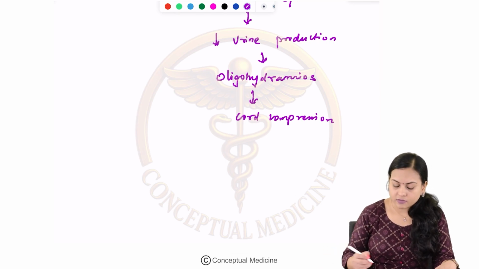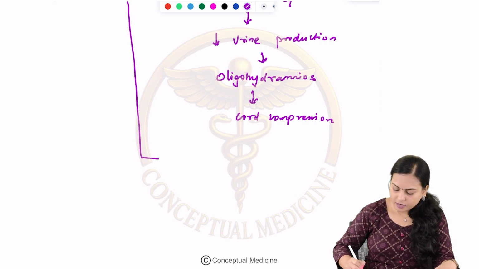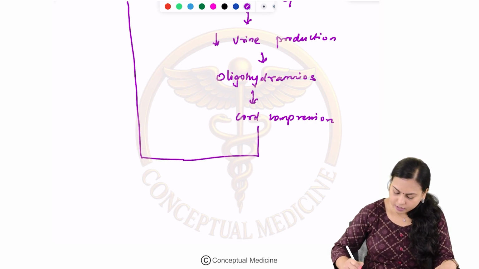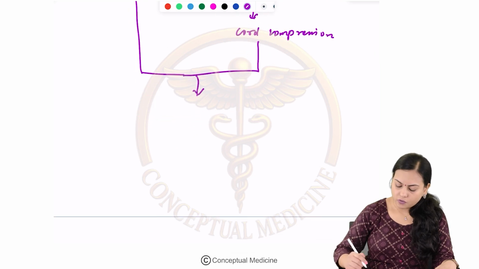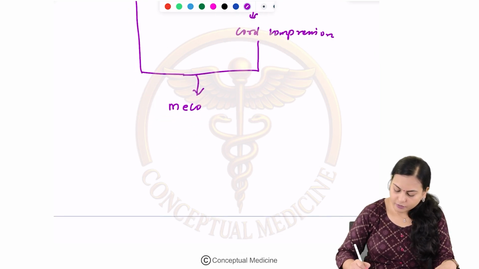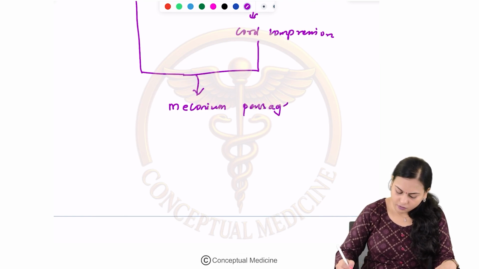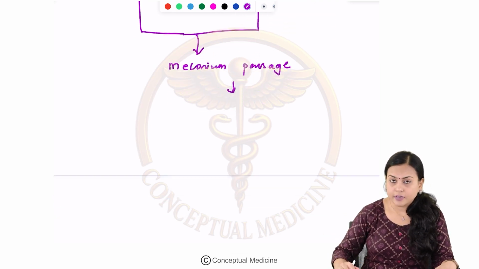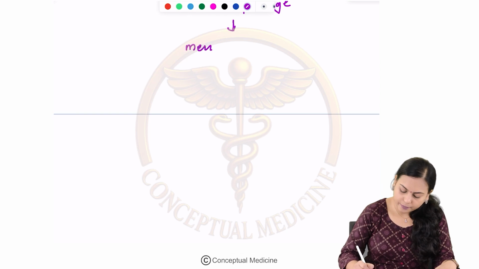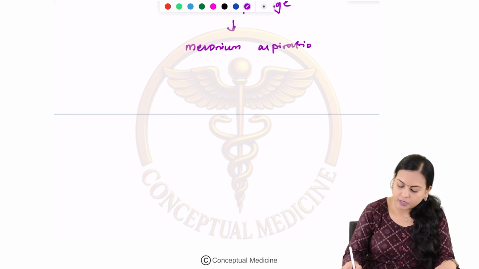Because of this stress, like fetal hypoxia and cord compression, there will be meconium passage prior to delivery in utero, and that can even result in meconium aspiration syndrome in the baby.